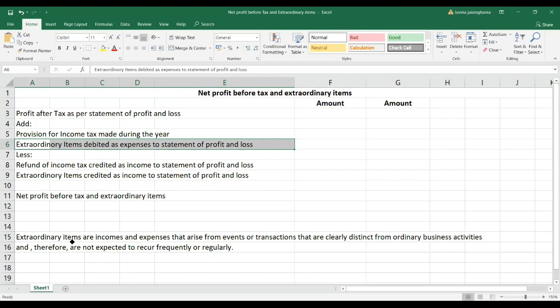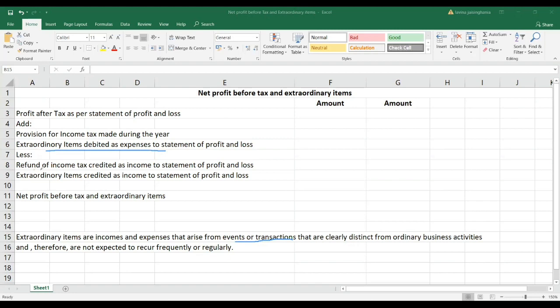Now what are extraordinary items? An extraordinary item is nothing but income and expenses which are not related to general business transactions. That means it is not from the general event or transaction of our ordinary business. So these extraordinary items which are debited in profit and loss are to be added back.